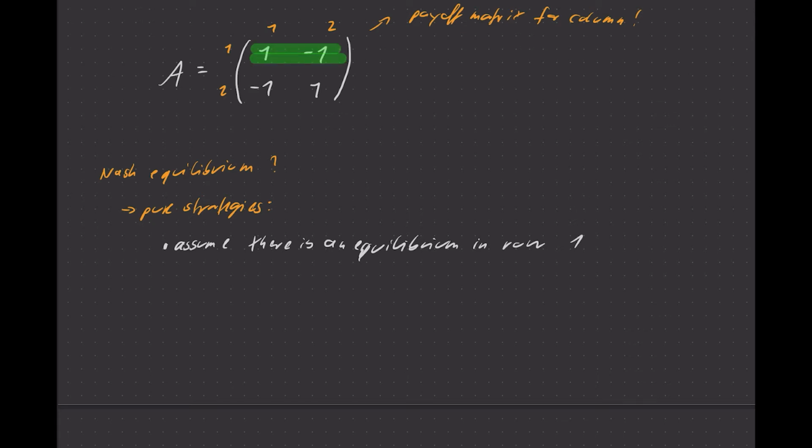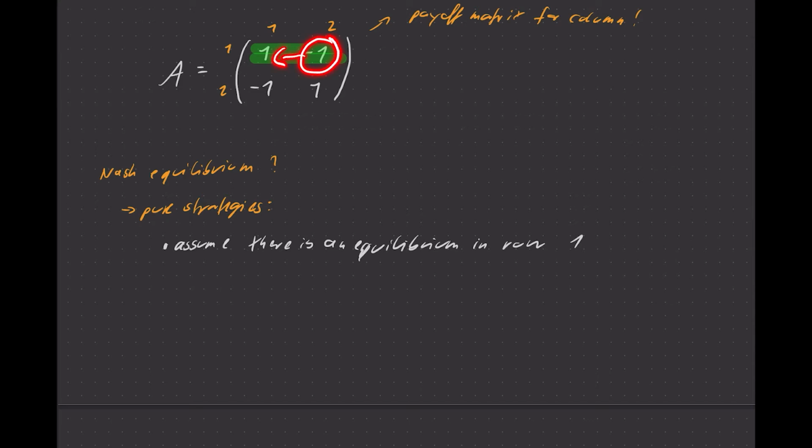If that is the case, then let's have a look at the column player. Which of those two strategies would the column player select if he knows that row is playing row 1? Well, the payoff for the column player can either be 1 or -1, and of course he maximizes payoff, so he would like this one here. So that means if there is a Nash equilibrium, it can only be here. That point would not be stable for the column player.